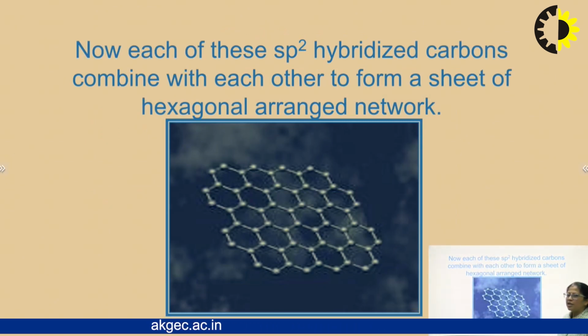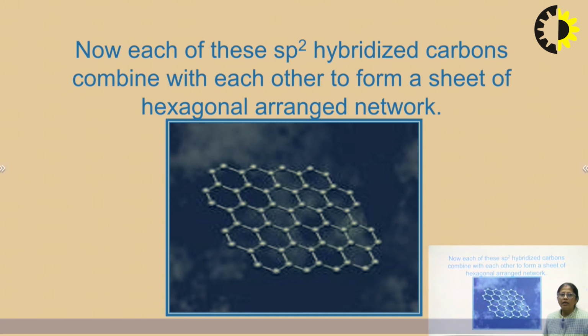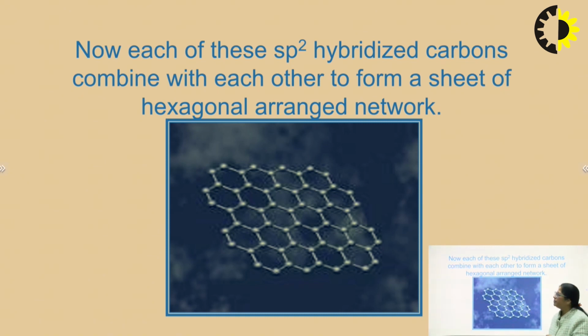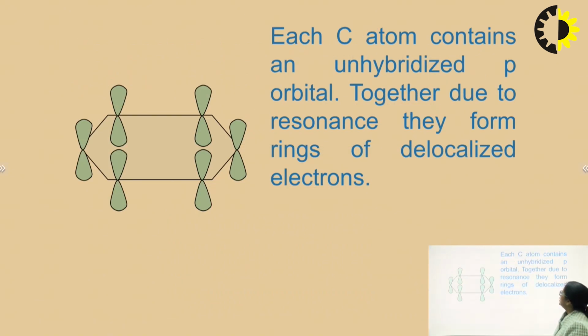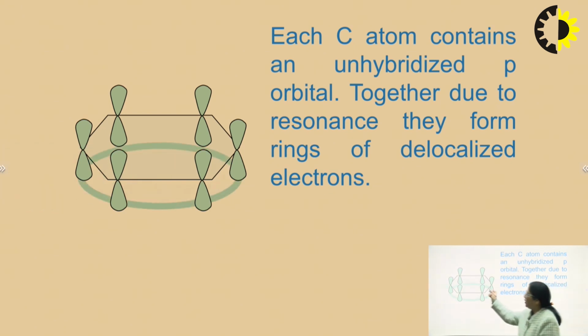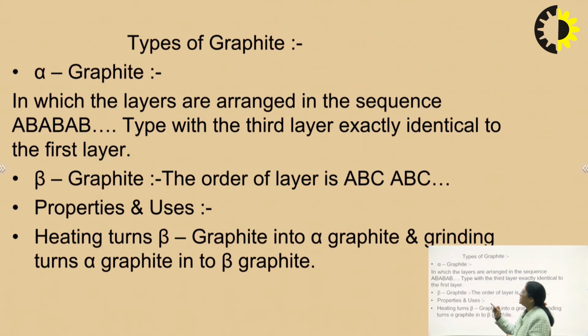Each of these sp2 hybridized carbons combines with others to form a sheet of hexagonally arranged network. Each carbon atom contains an unhybridized p orbital. Together, due to resonance, they form rings of delocalized electrons, whose one part lies below the hexagonal plane and the other part lies above the hexagonal plane.